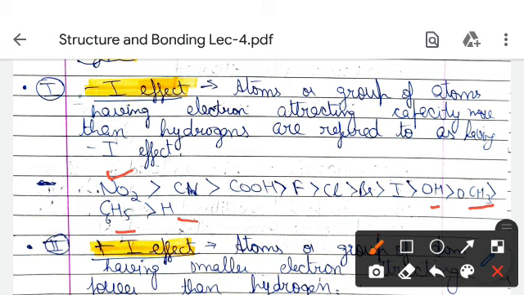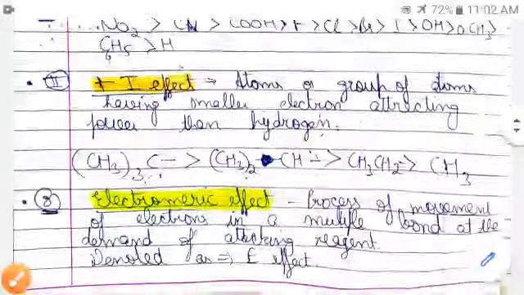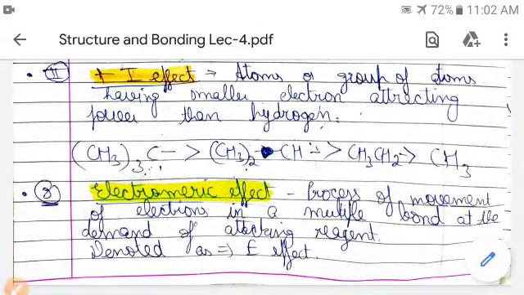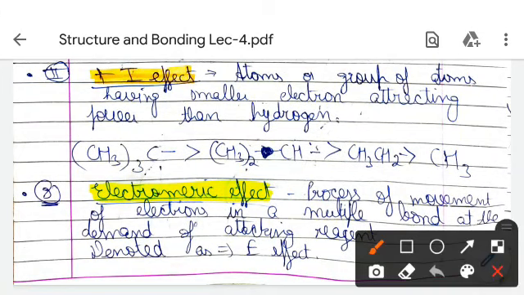So similarly, in plus I effect, we have atoms or groups of atoms having strong electron donating power, or they are releasing groups. They release the electrons towards the carbon chain. These groups are generally alkyl groups.